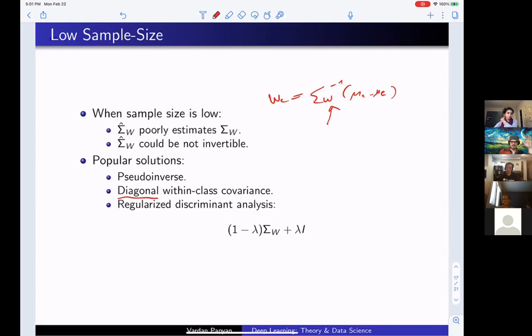And there's a reason in statistics for why you might want to use the diagonal, or why you might want, for example, to regularize your discriminant analysis. Regularizing your within class covariance means calculating a convex combination between your within class covariance and the identity matrix. All of these are things that people actually do in practice when they have little data, and they are helpful if you have little data. There are theoretical, mathematical, empirical reasons for doing those, but we won't get into them.